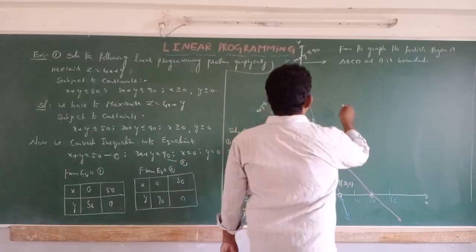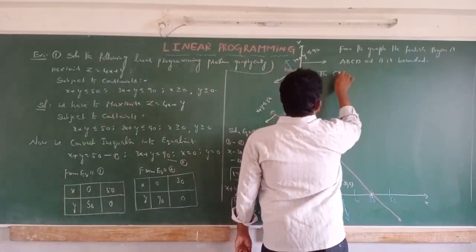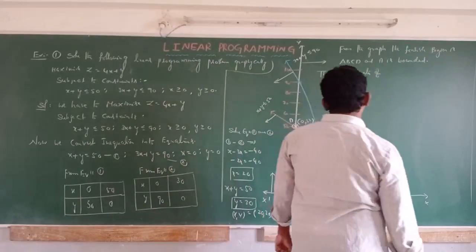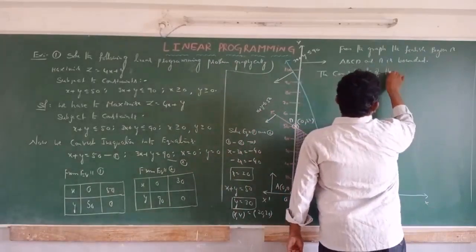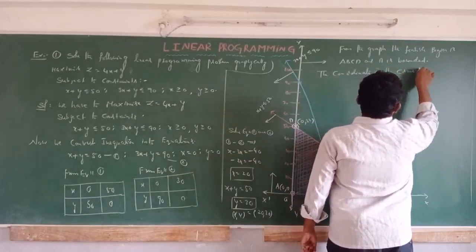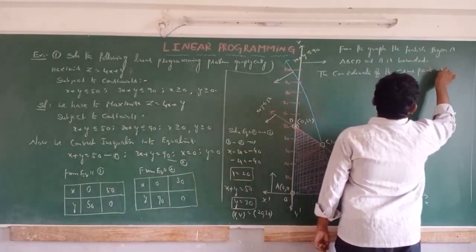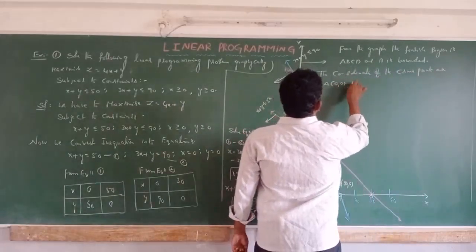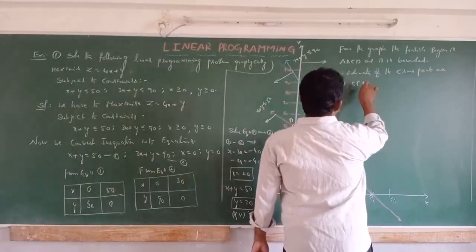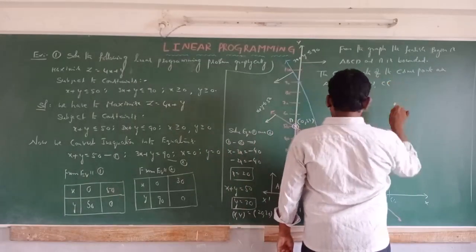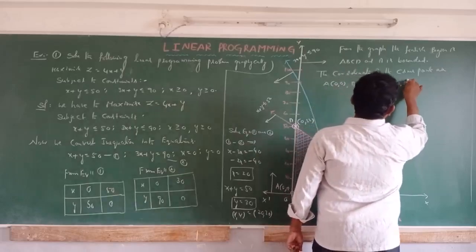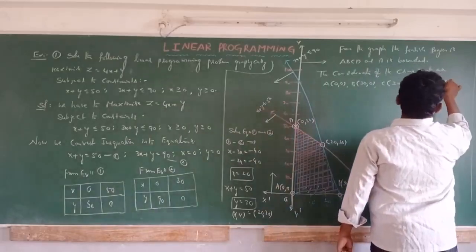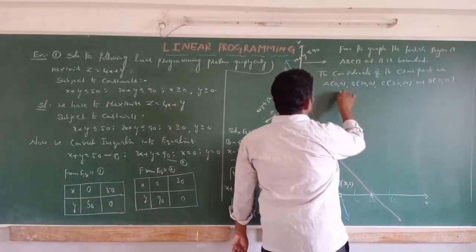Then we know the coordinates of the corner points are A of 0, 0, B of 30, 0, C of 20, 30, and D of 0, 50 respectively.